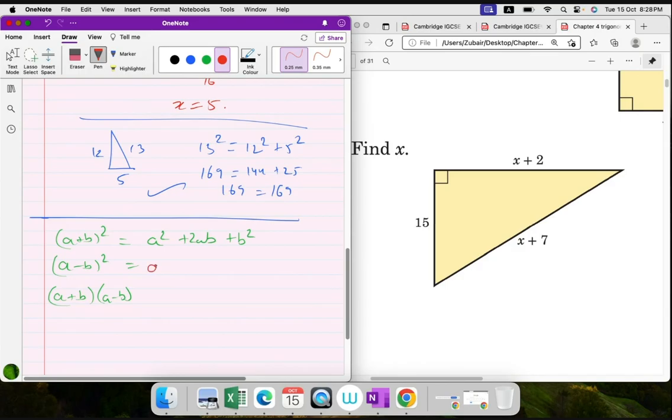Second was a square minus 2ab, and the last one is again plus b square. Ali, do you remember these? Yes, sir. So this is a square minus b square. Because sometimes you may get x minus something as well.